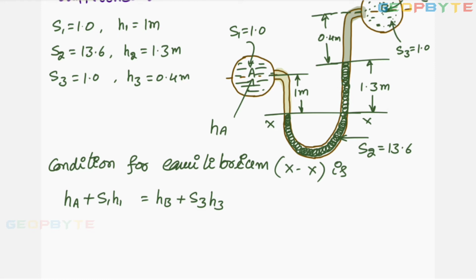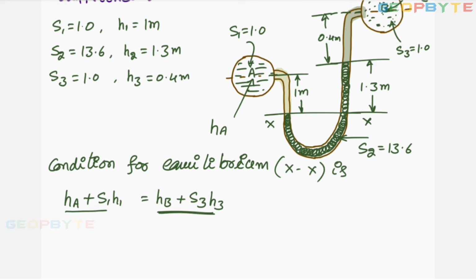Once again, this is the common equation for all differential U-tube manometers. The deciding factor is S2 into H2. That S2H2 should be written in the right side of the equation when the mercury is rising in the right limb. But if the mercury is rising in the left limb, that S2H2 part should be written in the left side of the equation.